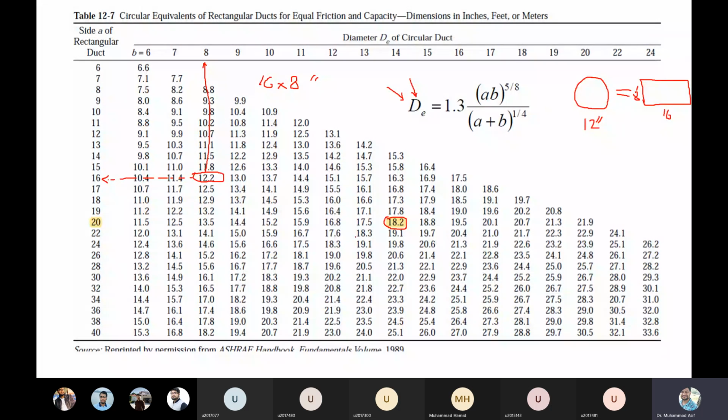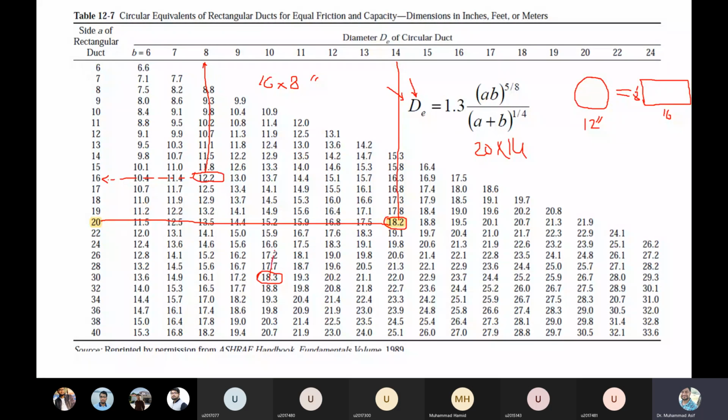Let me see where is that option. Let's say this is very close to that. So you can use this combination or this combination. If you use this combination, that duct will be equivalent to a 20 by 14 inch duct.